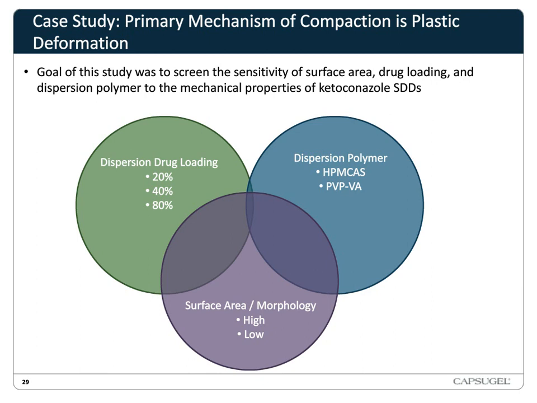Ketoconazole was the model compound. These SDDs were characterized by particle size, and surface area was characterized by BET. We then measured the CTC profiles for each of the SDDs and imaged the fractured compacts.